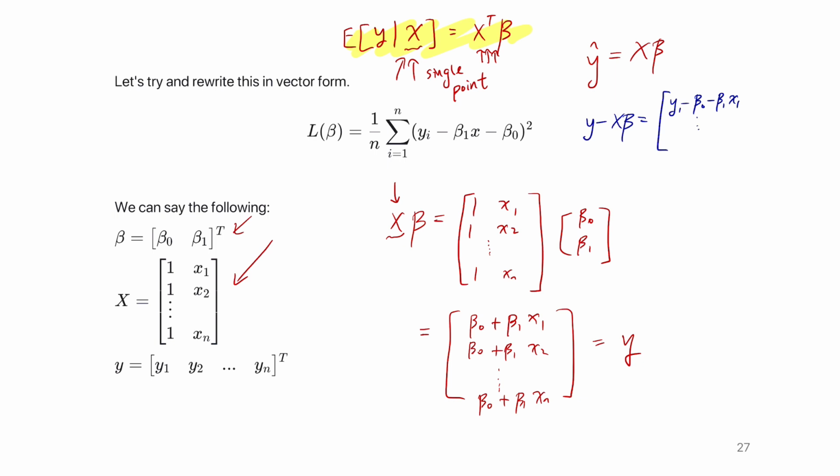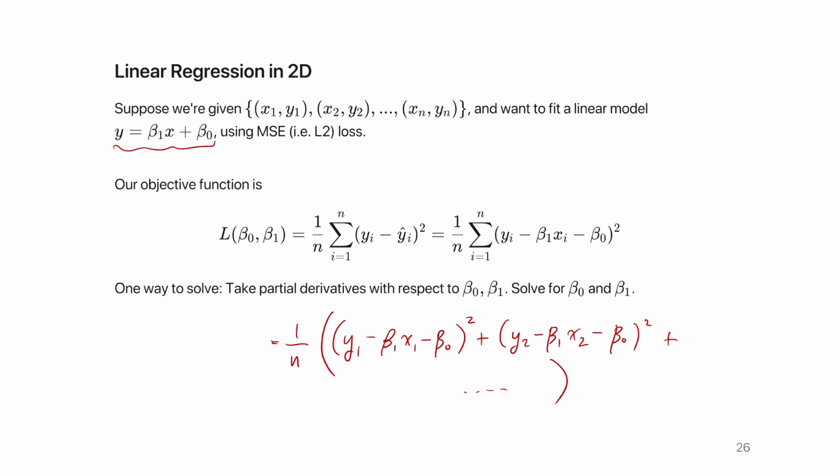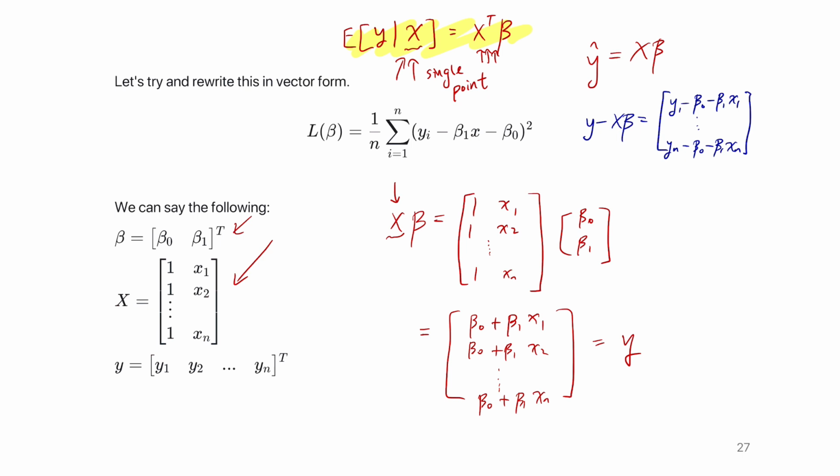And that should be y1, this should be yn. And so if we square that, we get the mean squared error that we had over here, and multiply by 1 over n out front. And that sort of tells us why our loss function in terms of beta is 1 over n times the L2 norm of y minus x beta squared.